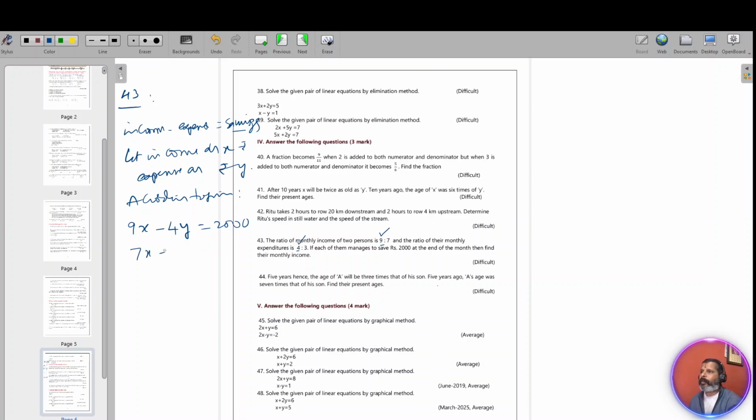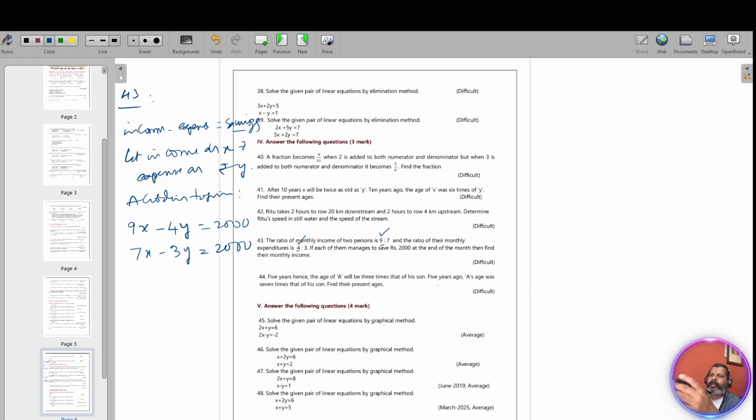That is 7x minus 3y equals 2000. Remember, don't just say 9x minus 7y is 2000, because 9 and 7 are not defined for a single person. They are defined for two persons: income in the ratio 9 and 7, expenses in the ratio 4 and 3. So this is the correct equation. Now you have to solve these two.